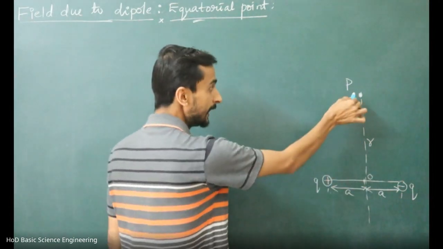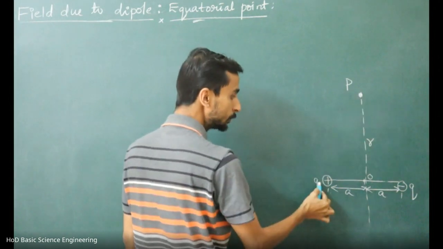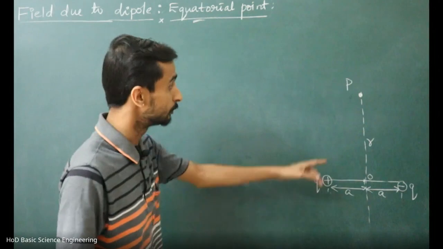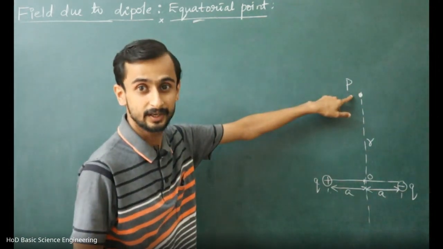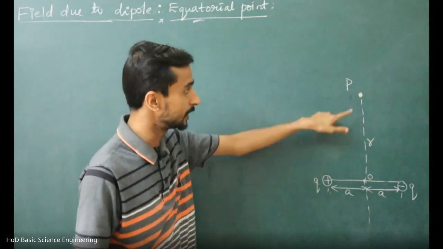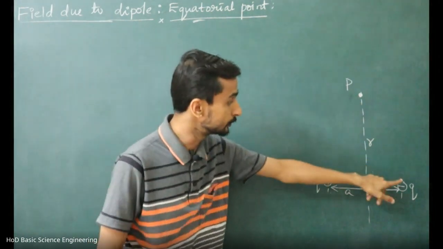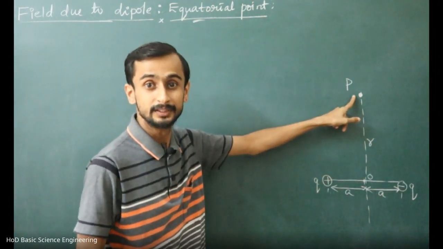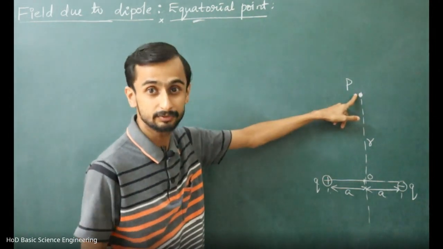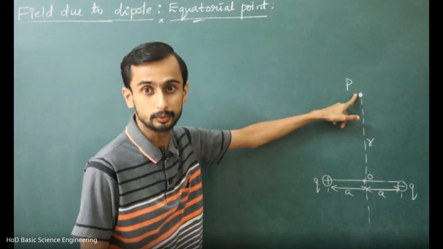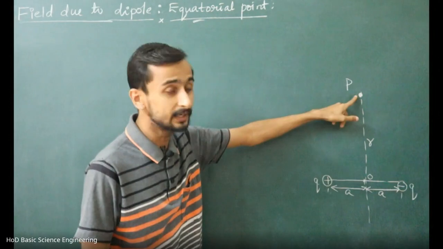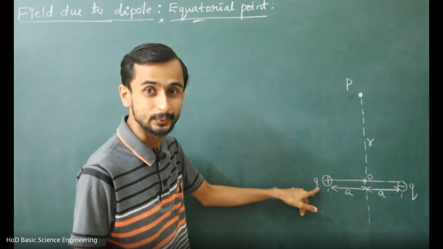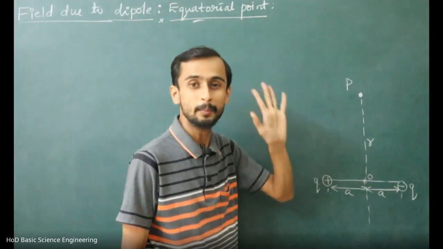At this particular point, due to plus q and due to minus q, there will be some electric field. Due to plus q there will be some electric field, and due to minus q also there will be some electric field. Therefore, the net electric field at P is what we need to find out. Net electric field at P is the field due to plus q and field due to minus q.